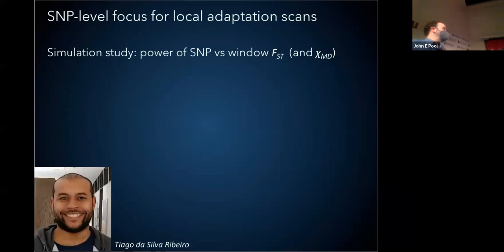And so Tiago de Silva Ribeiro in my lab did a study to really show that there are cases where you need to do what we're doing here. He did a simulation study comparing the power of a window FST against a version where we're just looking at the most differentiated SNP within a window.